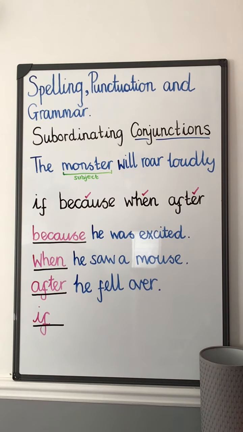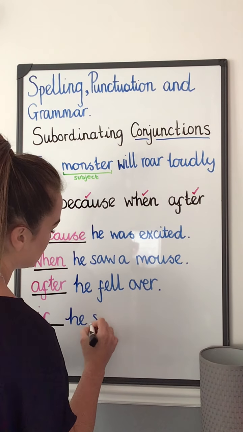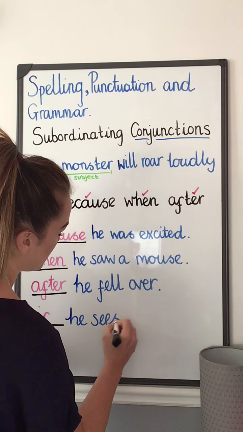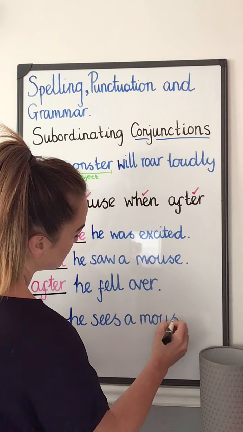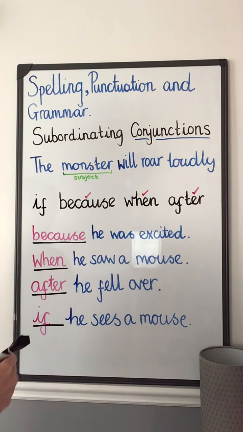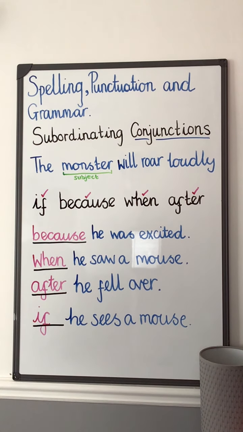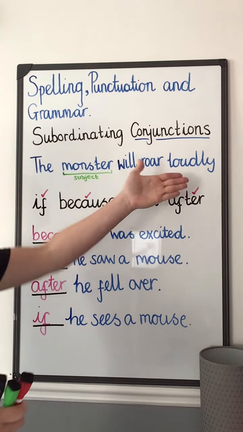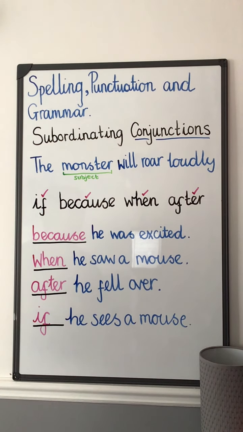I'm going to use some information that I've got on my board, and I'm going to say the monster will roar loudly if he sees a mouse, because I know that my monster is scared of mice. But I can also see, so I've used if, that not every subordinating conjunction will fit the main clause. So we really need to think about that when we're writing and using subordinating conjunctions.